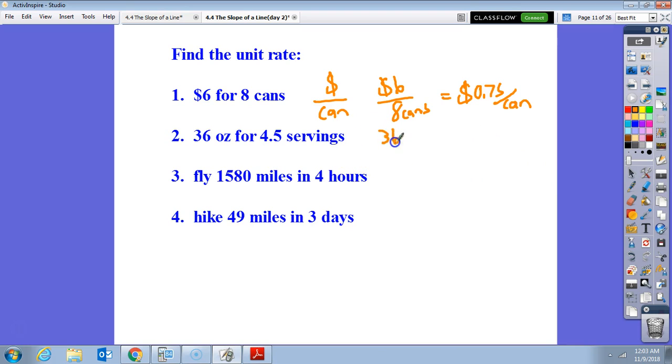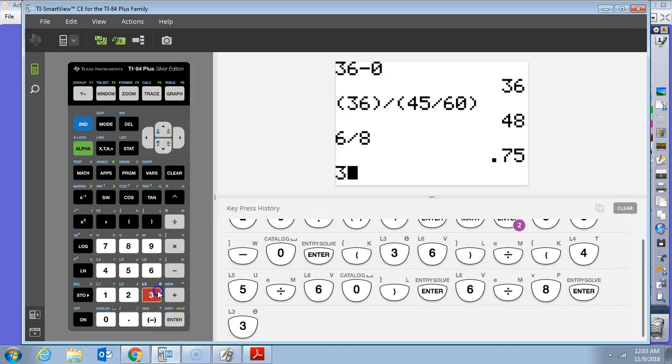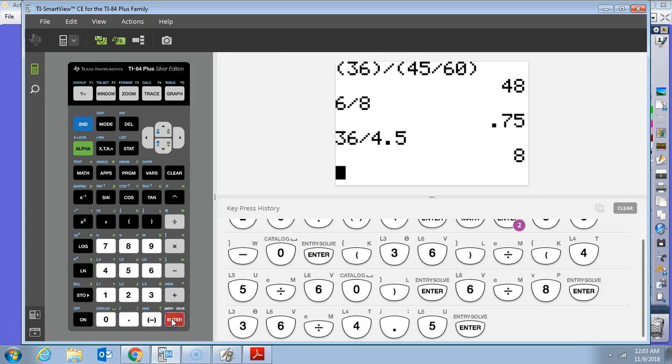Same thing if you did 36 ounces per 4.5 servings. We'll just use S for servings. 36 divided by 4.5. Take out your handy dandy calculator. 36 divided by 4.5. You get 8.